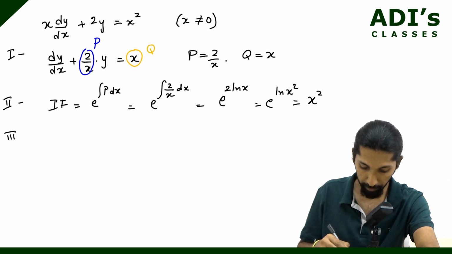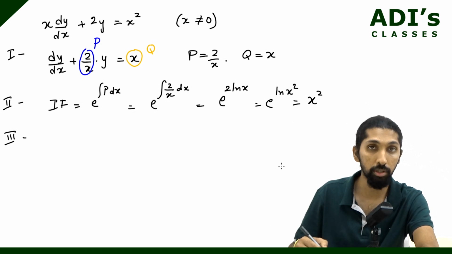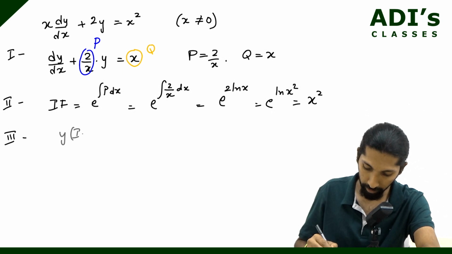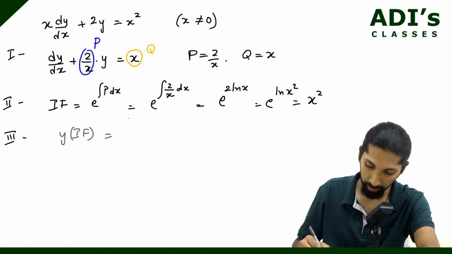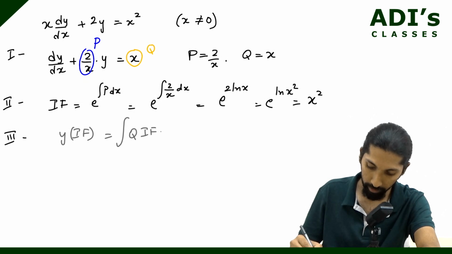So, this is the integrating factor. Now, the third step is finding the solution. How did we write the solution? y times the integrating factor is the integral of q times the integrating factor dx plus c.